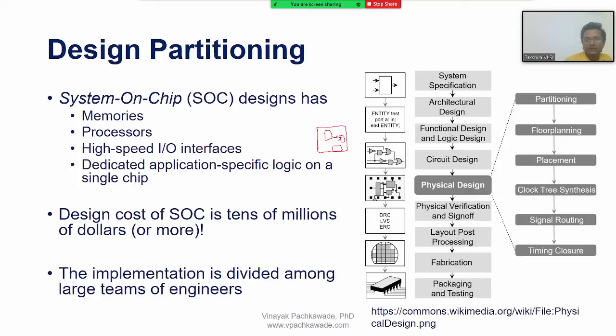So this chip is communicating through this, and also outside communication is happening here. This is, let's say, processor, memory, and some other interface blocks or data path or controller, etc. So all these intercommunications are called high speed IO interfaces, right?